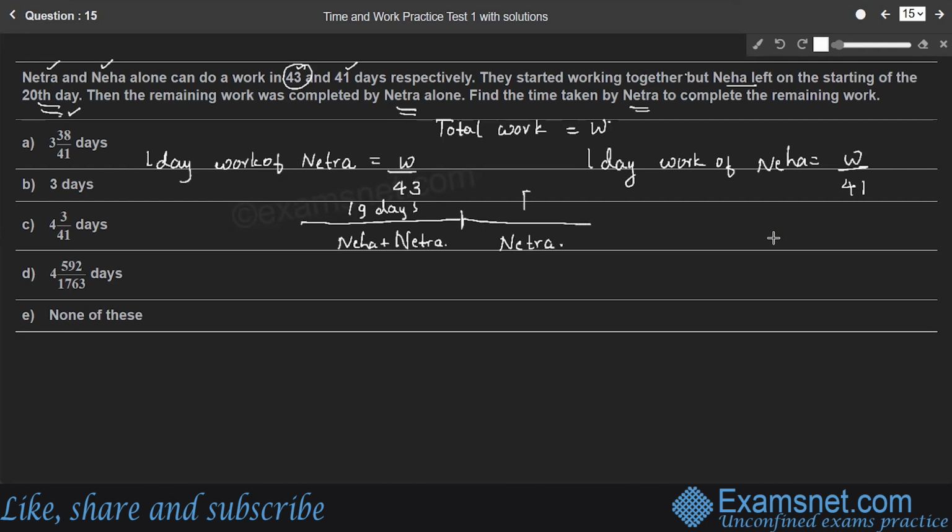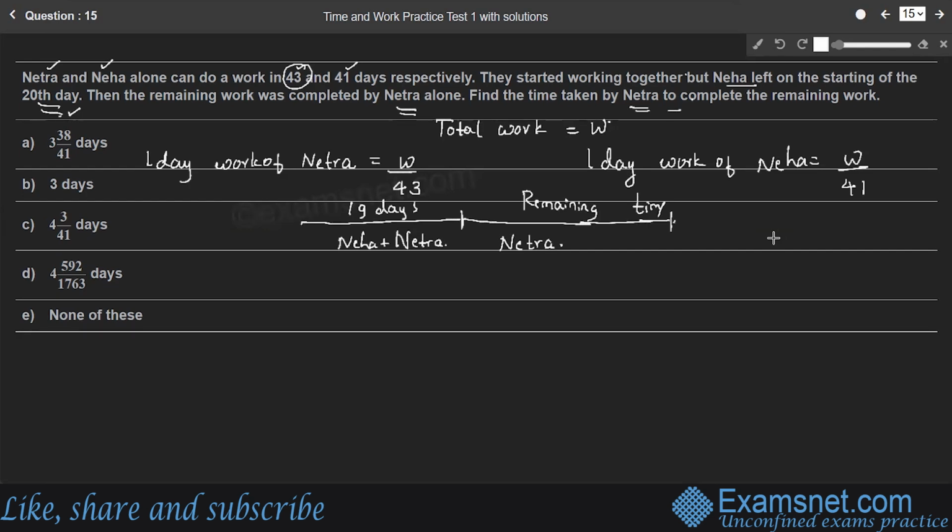So the remaining work will be done by Netra. Here the question is the time taken by Netra to complete the remaining work. For that, first we need to find what the remaining work is.